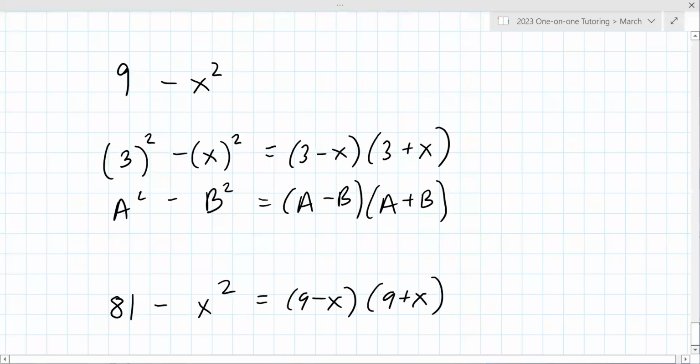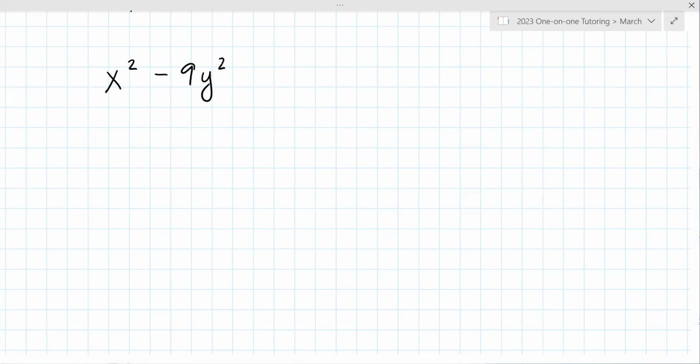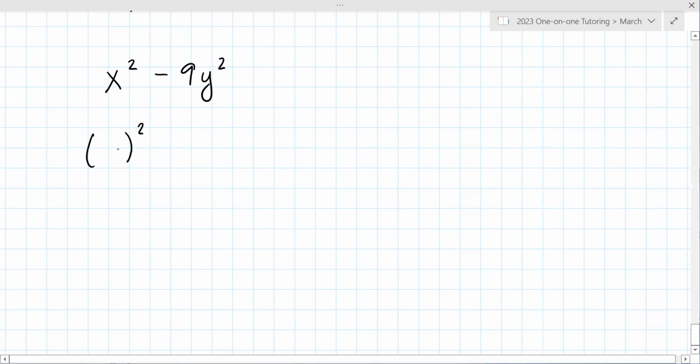All right, so a couple more problems like this to work on. The next type of problem I give you something like this: X squared minus 9Y squared. What's different about this problem is that I can introduce more than one variable. But it's still the same approach. X is being squared and something is being squared to get you back to 9Y squared.